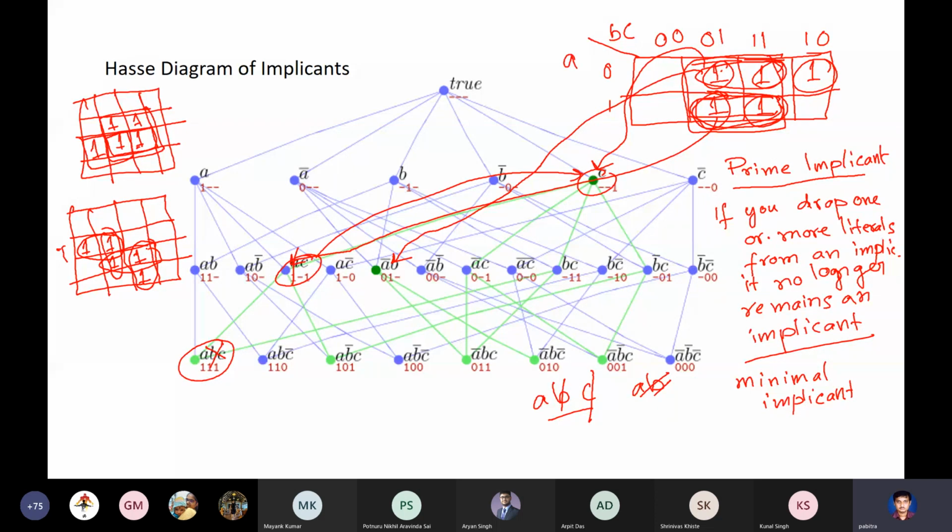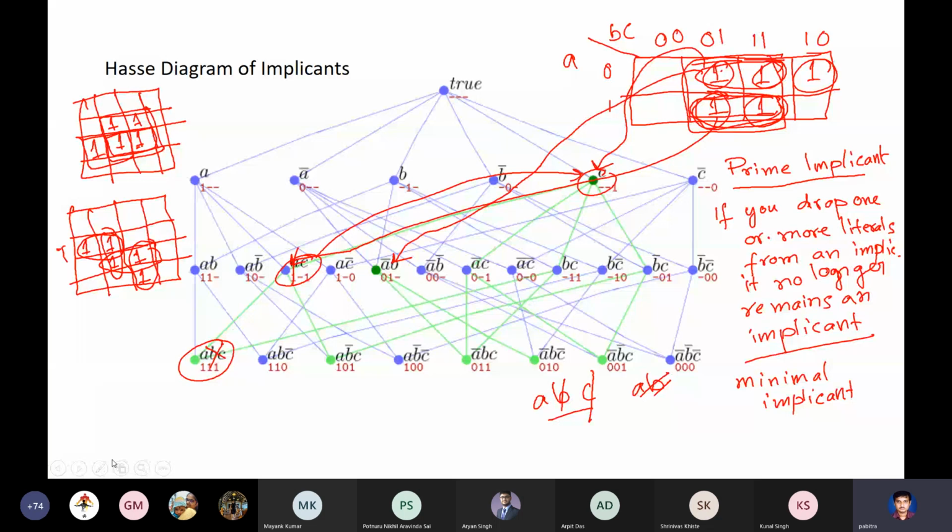But you see that this prime implicant, let me see if I can change the color. You see that this prime implicant is covered by this prime implicant and this prime implicant.